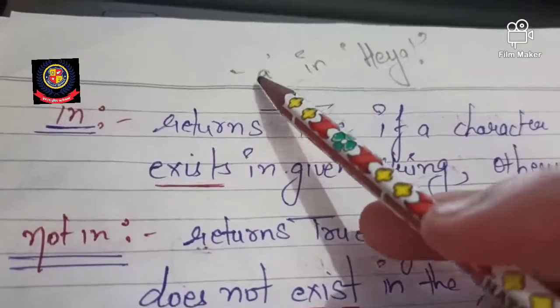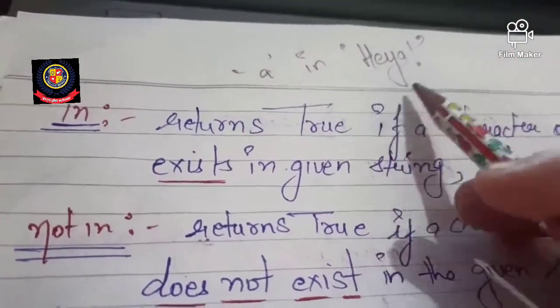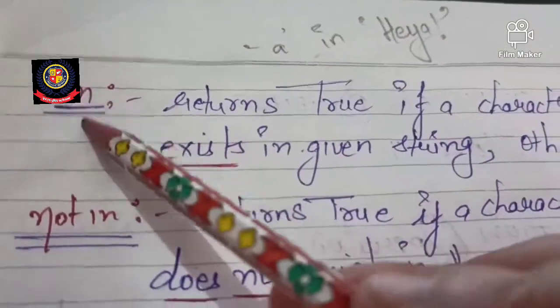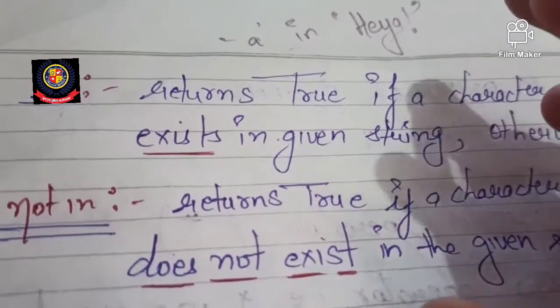But if this A is not a part of this, then it displays the value false. This happens in case of in. In means that the character or substring has to be there in that particular string.